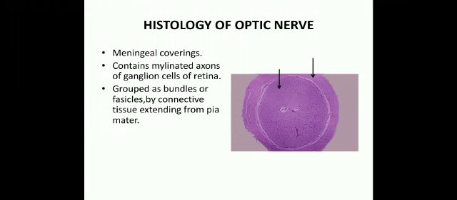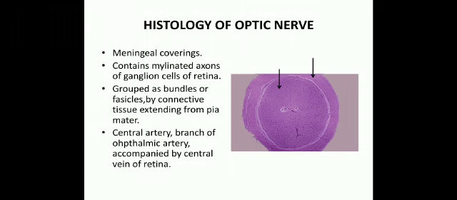The pia mater sends connective tissue septa that divide it into bundles, arranged as fascicles. At the center we can see the central artery, which is a branch of the ophthalmic artery and is an end artery, and also the central vein of the retina.